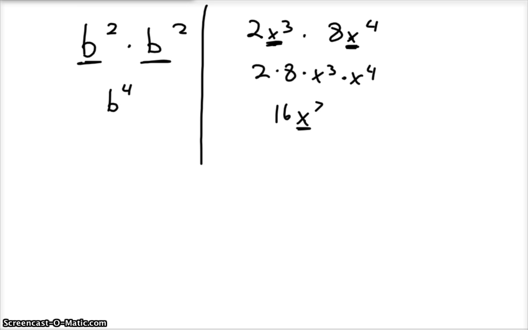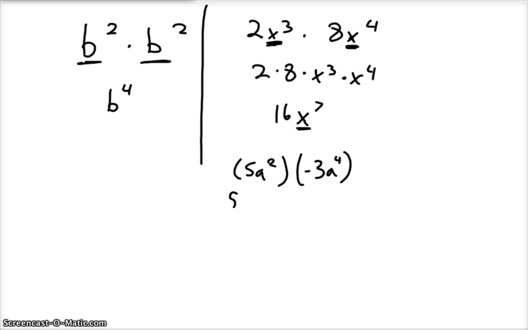Okay, I want to do just one more example. Let's see, that's example 2b. We have 5a squared times negative 3a to the 4th. All right, so parentheses means that we're multiplying. So I'm going to write this out longhand.